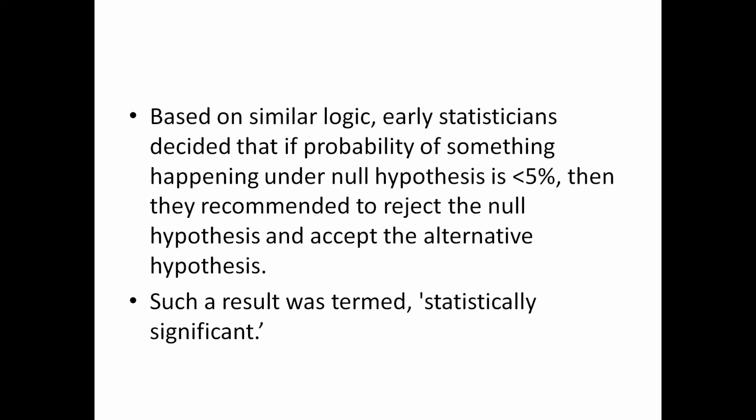If the probability of getting two groups similar is very low, then we will reject the null hypothesis. We will say there is a true difference or things are happening beyond chance. So that's why early statisticians decided on this 5% cutoff.